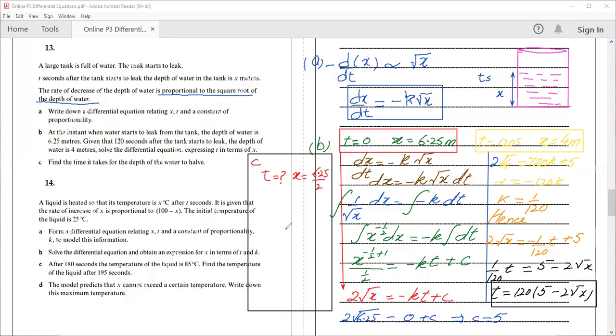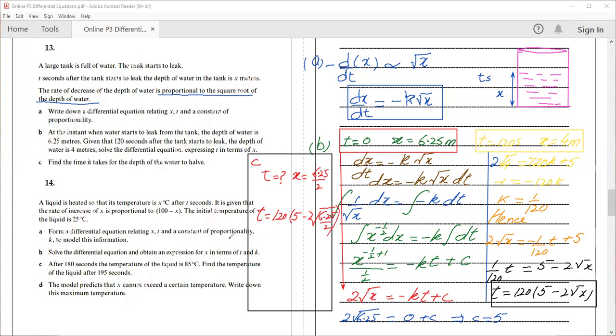So you have to use your calculator to find the time. 120 as it is, 5 as it is, minus as it is, 2 as it is, under root. You have to write over here, sorry, not 120, that becomes 6.25 over 2.